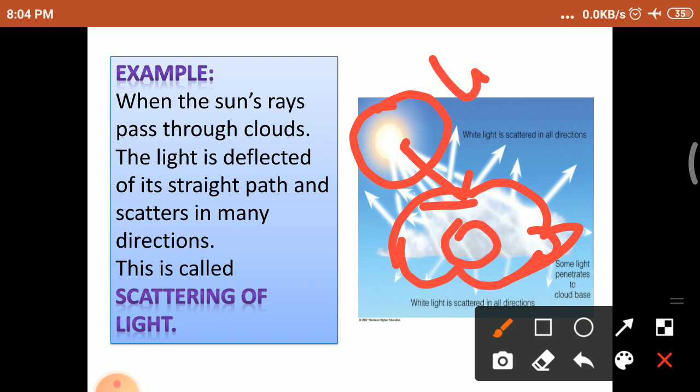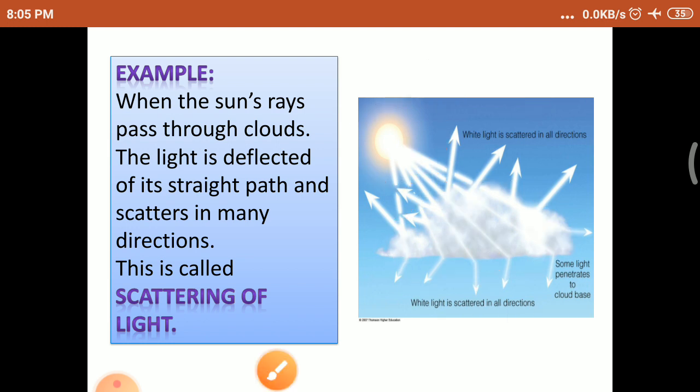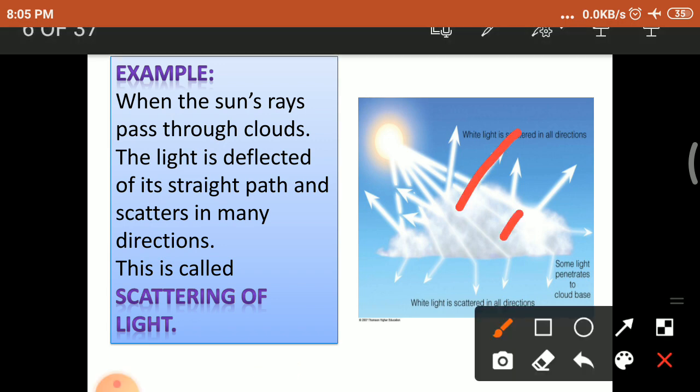The light and the object interplay with each other. When light falls on this cloud, it is deflected in many directions. When light is deflected from its straight path, that is called scattering of light.